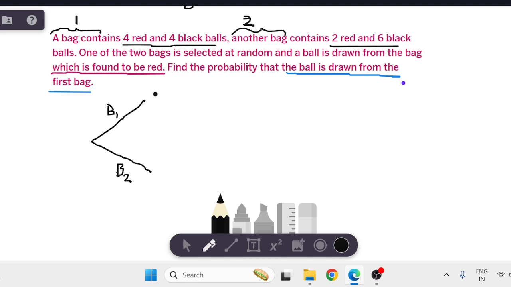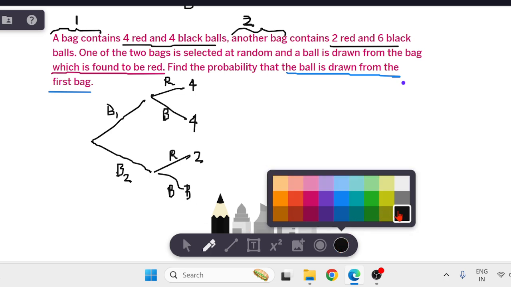And then each has two further branches. The first has 4 red and 4 black balls, so it's given 4 and 4 again. And the second bag has 2 red and 6 black. This is the tree diagram we wrote.